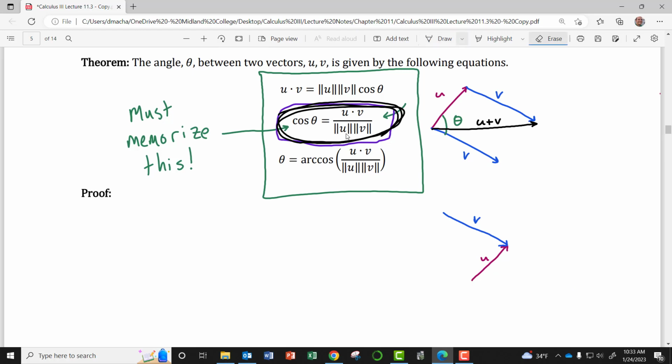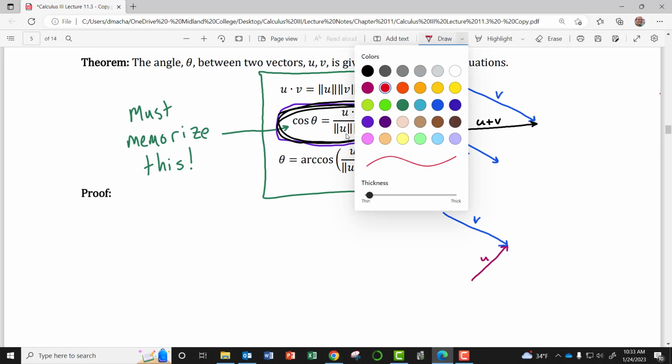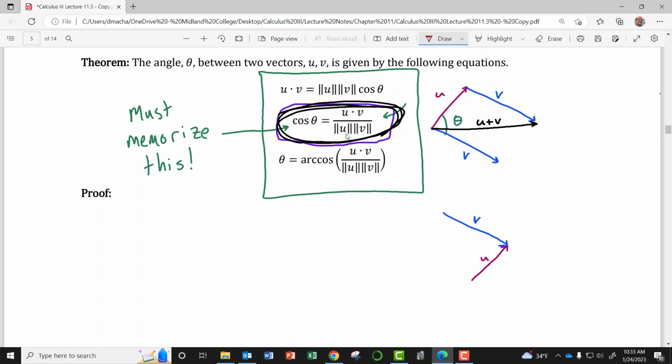And what's the opposite of adding two vectors? Well, the opposite of adding is subtracting, right? And so this resulting vector is going to be the vector u minus v. I hope that makes sense.